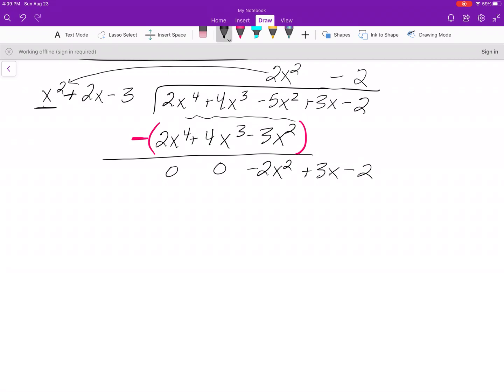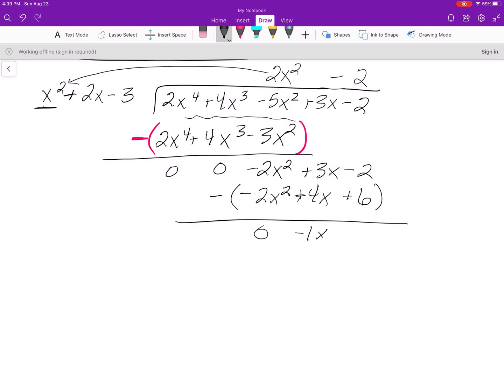Let's try that. We're going to get negative 2x squared plus 4x plus 6. And then we're going to subtract all of that. And we're going to get 0 here, minus 1x here, negative 2 minus, and minus 8 there.